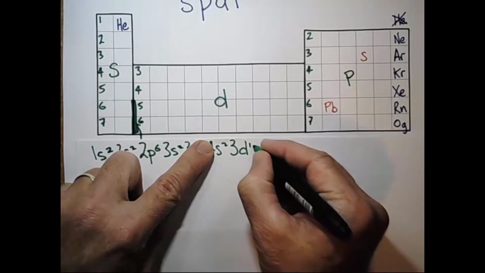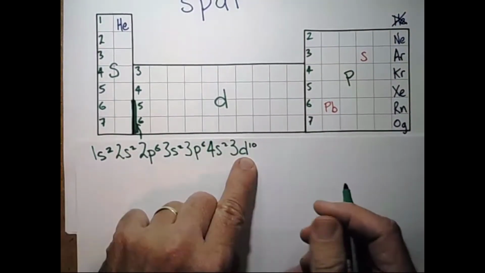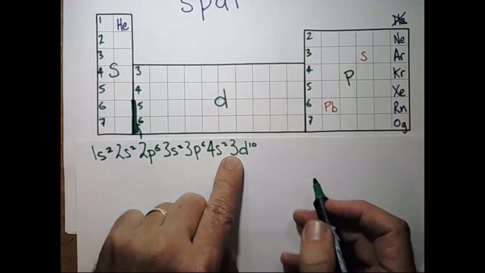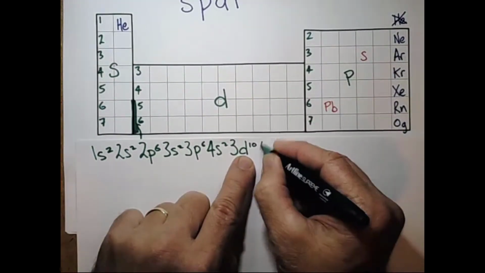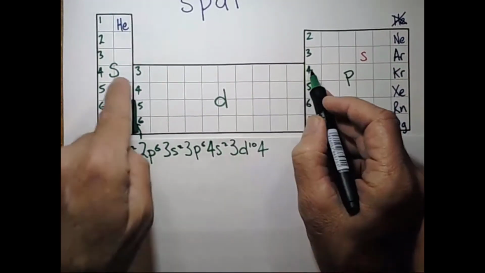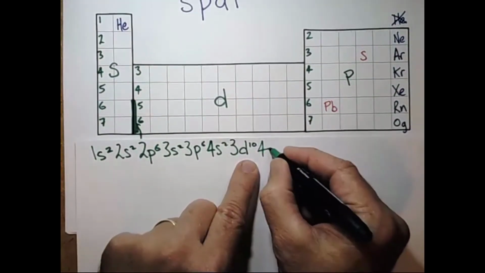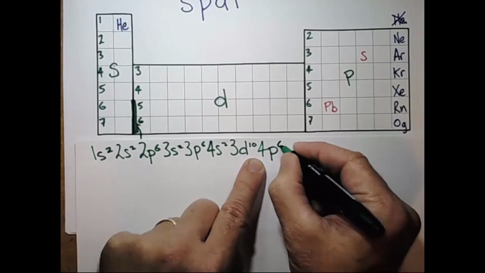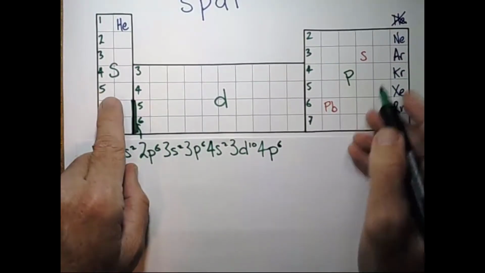So 10 electrons fit into the d orbitals, or the d subshell of the third shell. Okay. Moving along, back into the fourth shell, even though it's the same period, the 4p, 1, 2, 3, 4, 5, 6, 4p6.